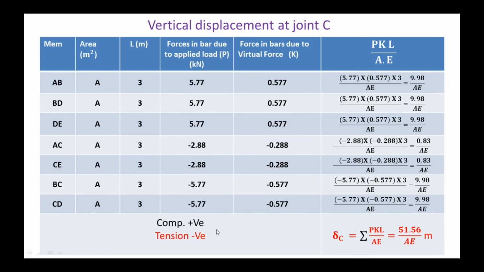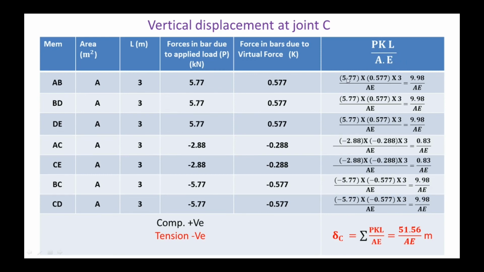Minus means tension and plus means compression. Now the last column that we know here, PKL by AE. P is the force developed in the member due to applied load, and this K is the member force developed in the member due to the unit virtual load. Length is the individual length, and A is the area, and E is the modulus of elasticity. Now here A and E are constant for all the members.